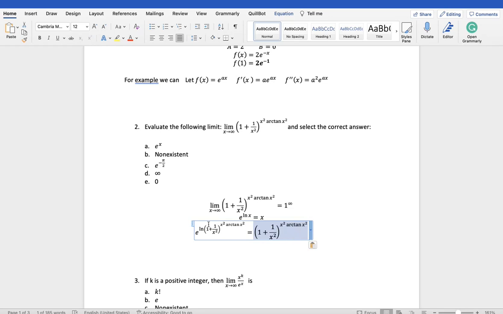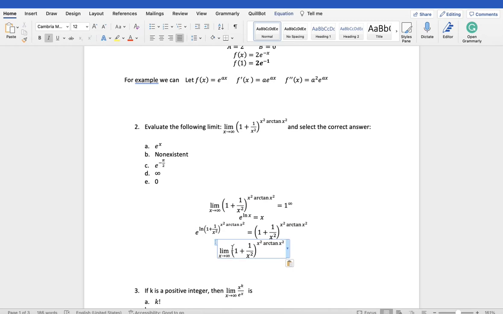Now let's try to find the limit of the left hand side. For that, we just copy this and replace it into this.